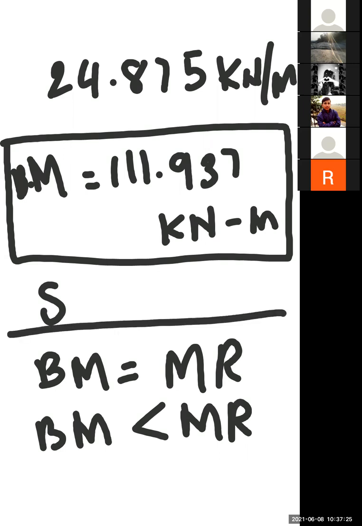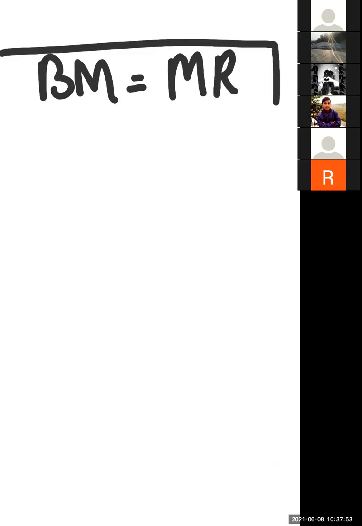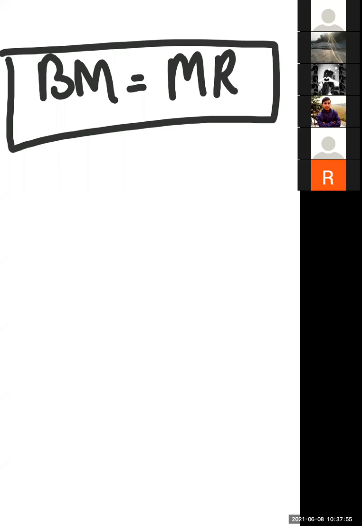For safe condition, bending moment either equivalent to MR, means moment of resistance of that section, or bending moment is less than the MR of that section. In both cases, our beam section is safe. When bending moment is equivalent to MR, then we can say that our section is balanced section. Right?